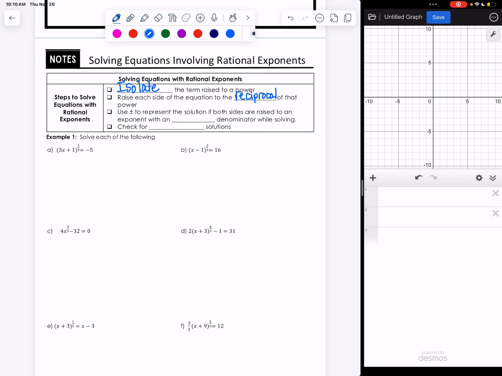Step 3, use plus or minus to represent the solution if both sides are raised to an exponent with an even denominator while solving. And then step 4, check for extraneous solutions. Now, these steps are going to make a lot more sense after you see them in action, okay?